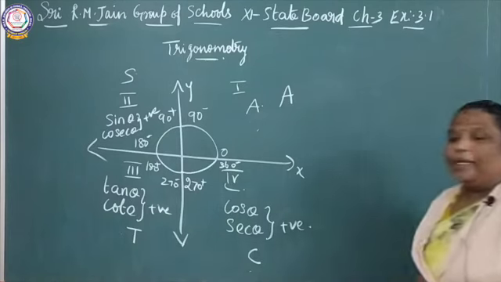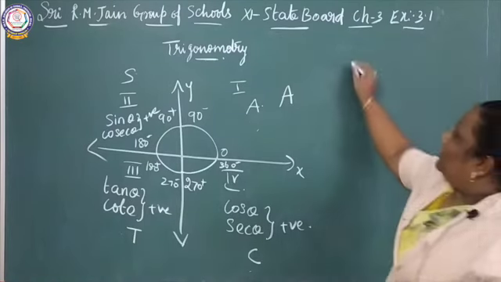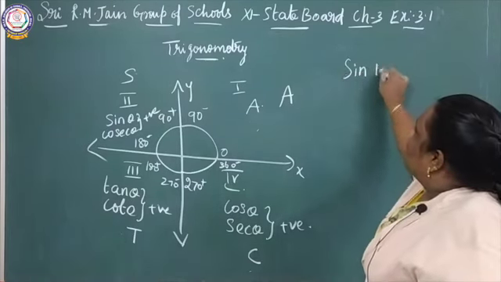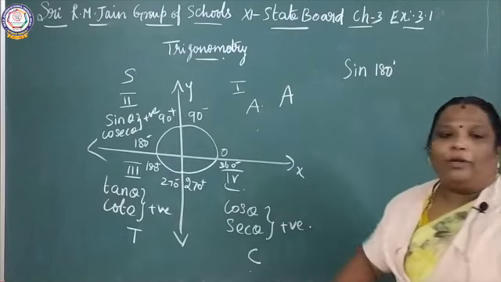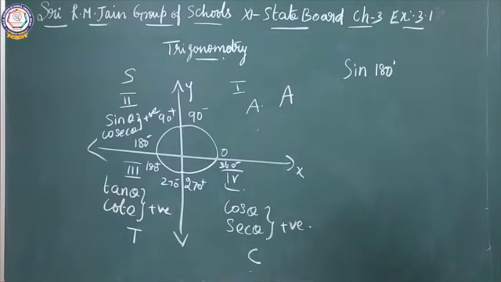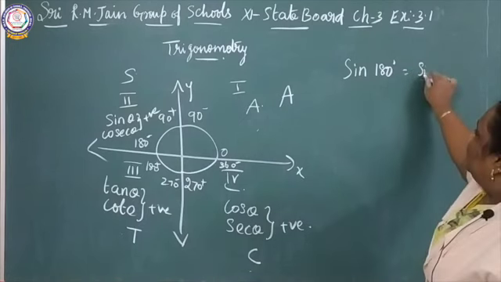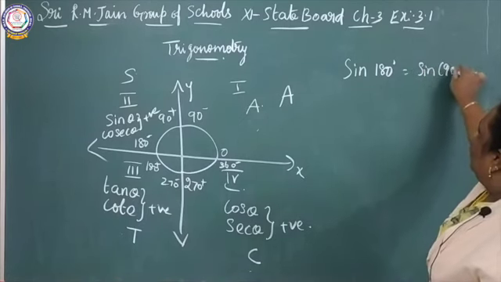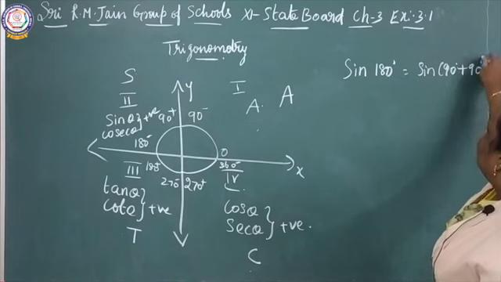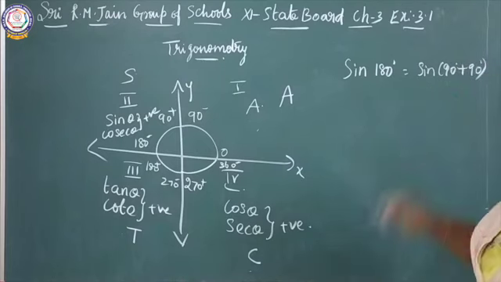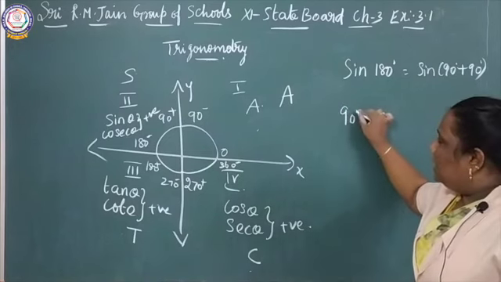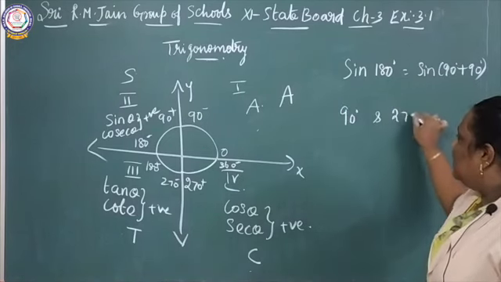Suppose I am writing sin 180 degree. I want to know the value of sin 180 degree. How can I split it? I will split it as sin of 90 plus 90. Before I explain this, I will write once again. See here, 90 and 270 degree.